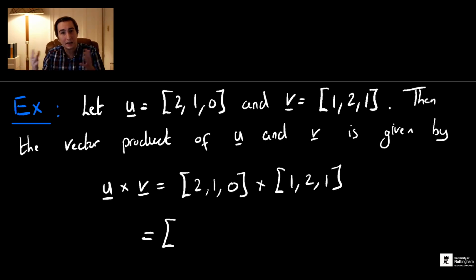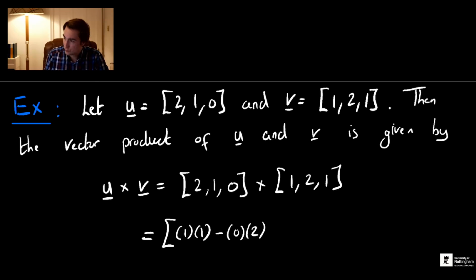So I've expanded these vectors i, j, and k that were introduced as basis vectors in an earlier video. This can be written as 1 times 1 minus 0 times 2. This is just substituting these values into that formula. That's minus 2 times 1 minus 0 times 1. This overall minus sign in front, don't forget that.